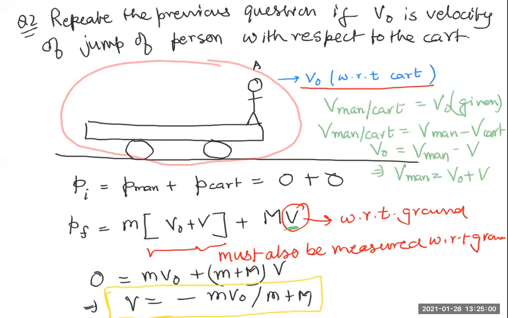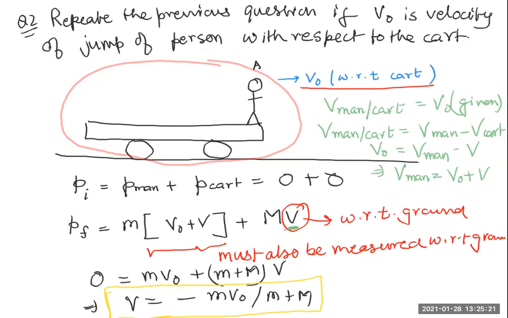This is a false assumption, because this is not going to be the sequence of events. It is not going to happen that the man jumps and after the jump, the velocity of the cart becomes V. No, this is not what will happen.